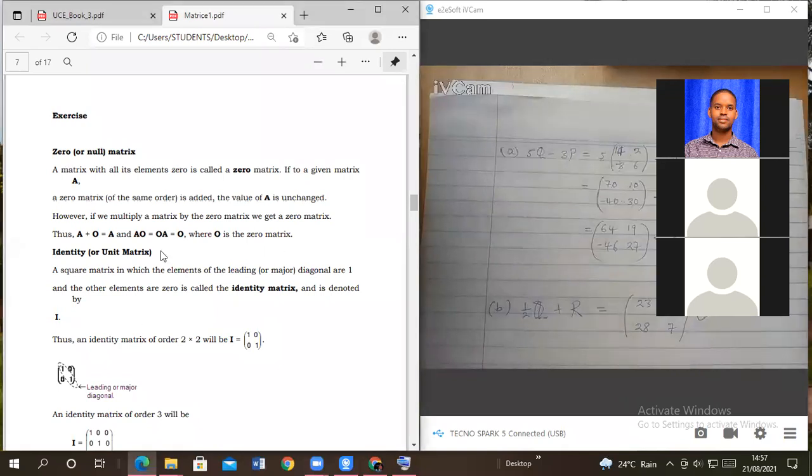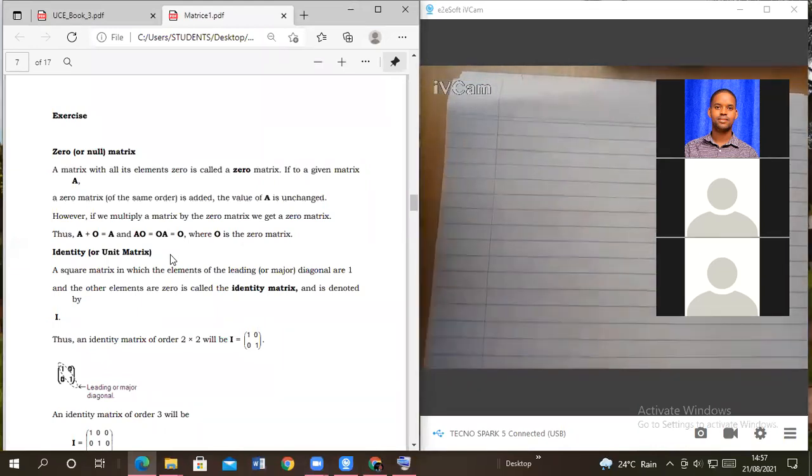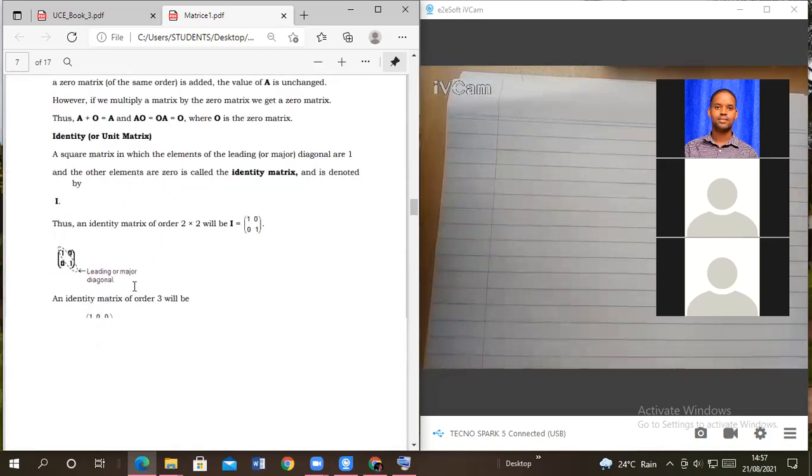All right. So that is it with the solving equations involving matrices. The rest I'm just going to give you an exercise to attempt.